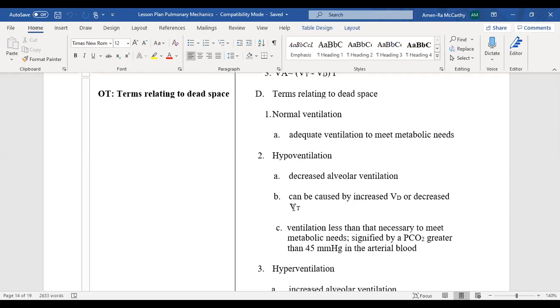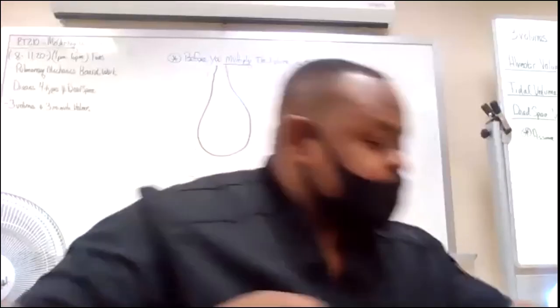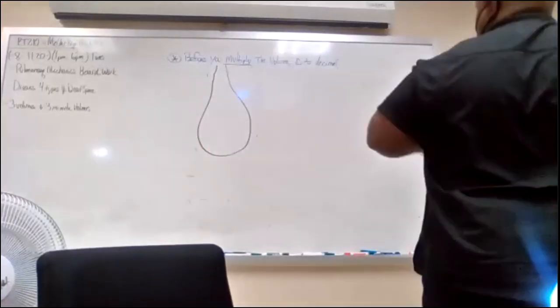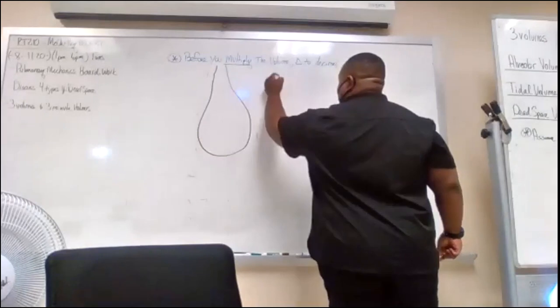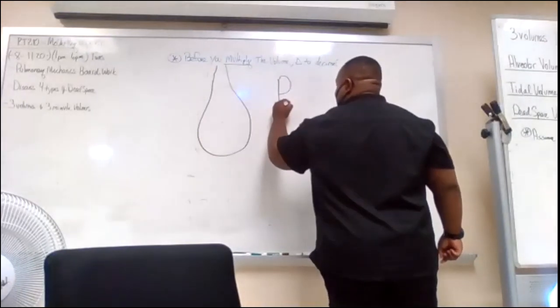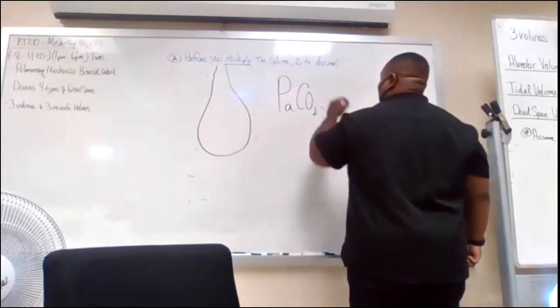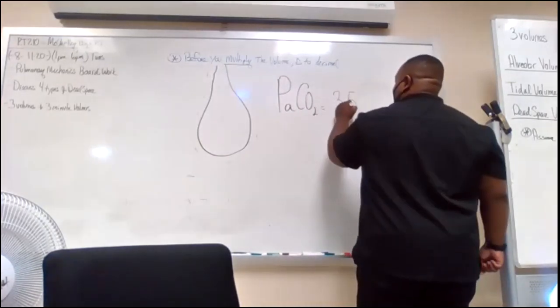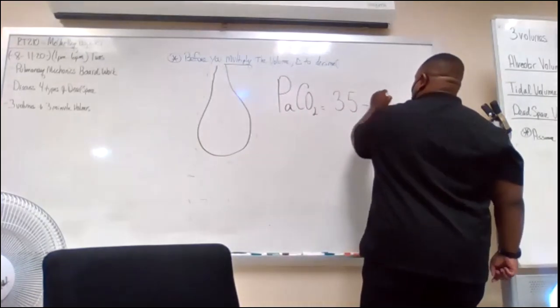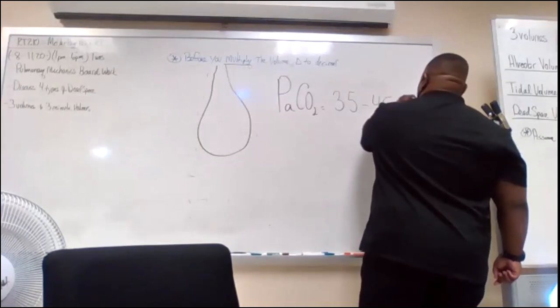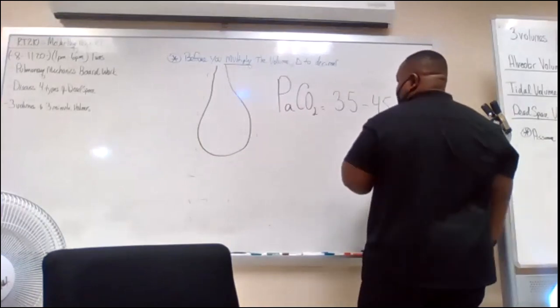All right, so on the side, I want you to write down the normal value for CO2, which is the partial pressure of arterial CO2. The normal value is 35 to 45 millimeters of mercury.